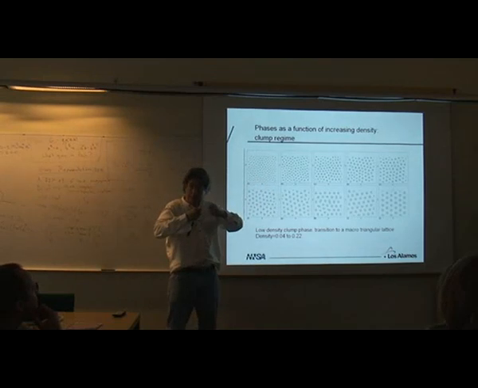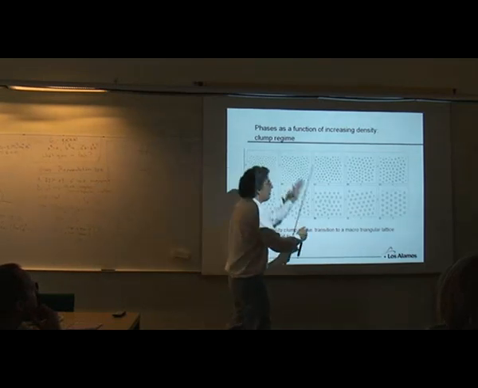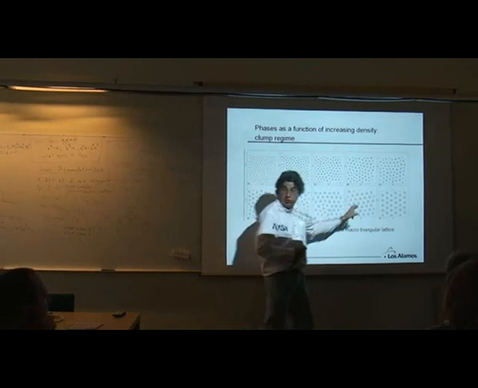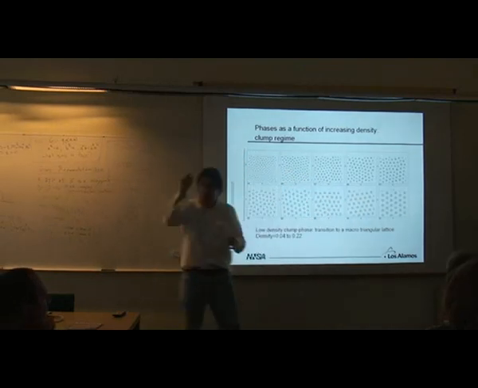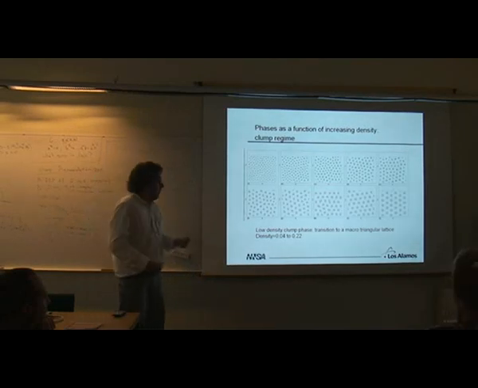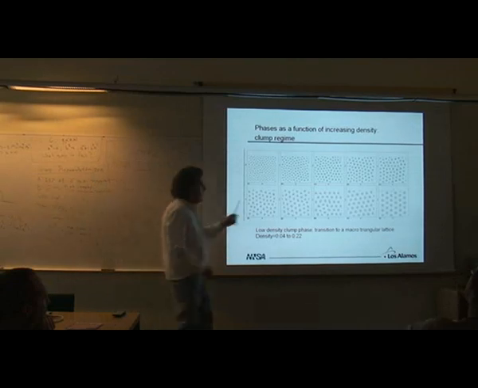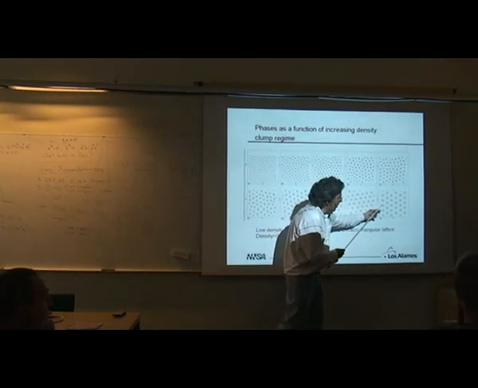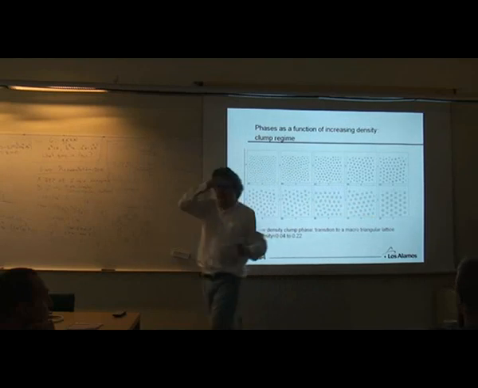Then as we increase the density of the system, the distance that you see between the particles is pretty much fixed. It changes just a little bit. You mean the size of the clump is still attractive? The distance between the particles within the clump pretty much stays the same.